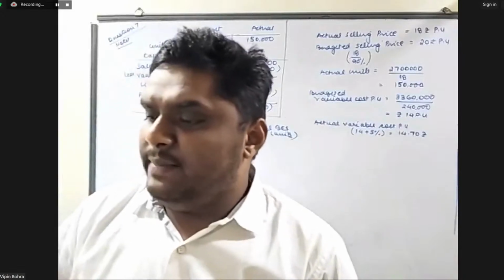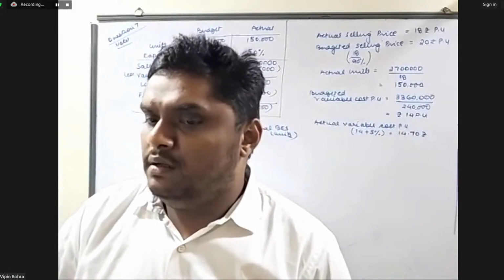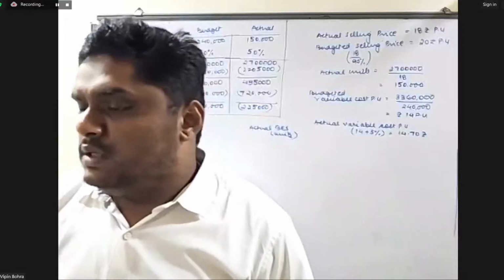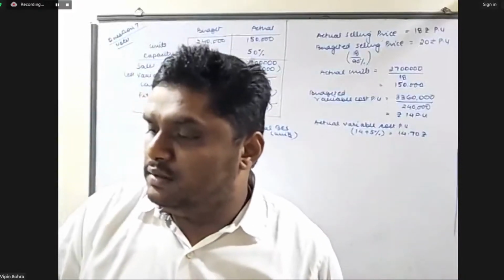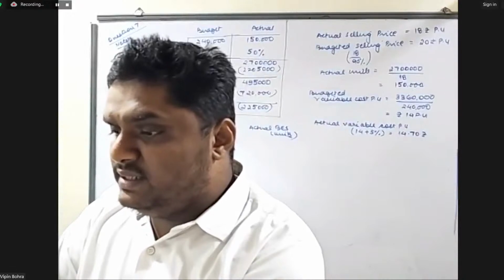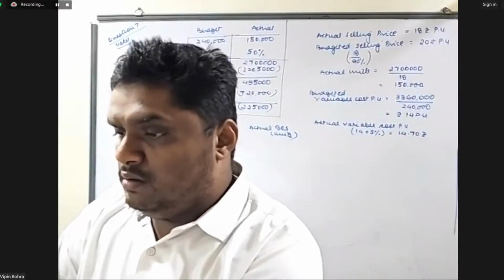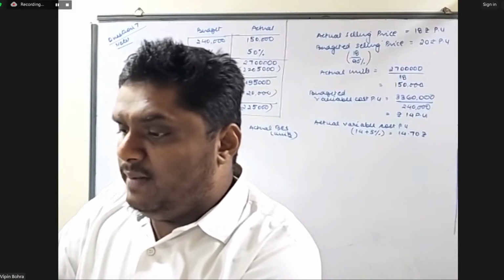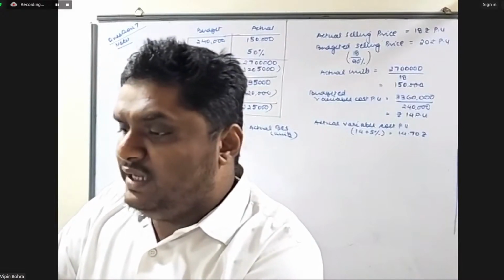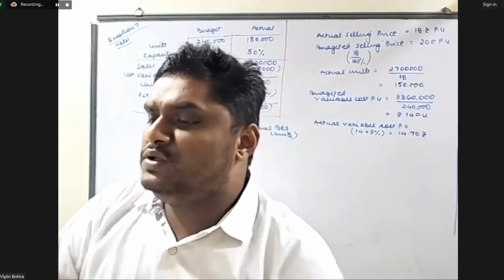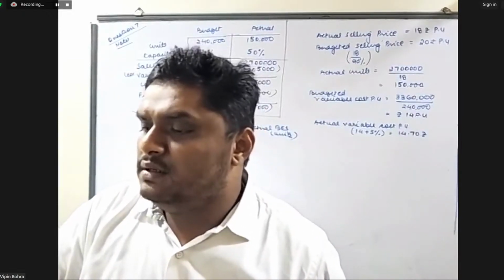I think there is a typing error from your end, Sanya. Sanya has just posted the answer. Shweta, I want actual break-even sales in units. Okay, so now Sai Divya, your answer is correct. So Sai Divya is the first one to post the correct answer.